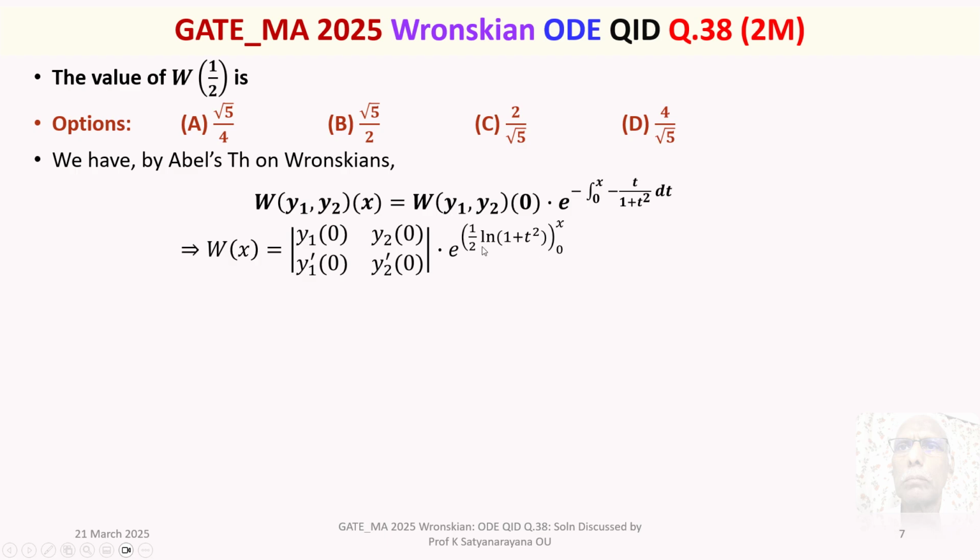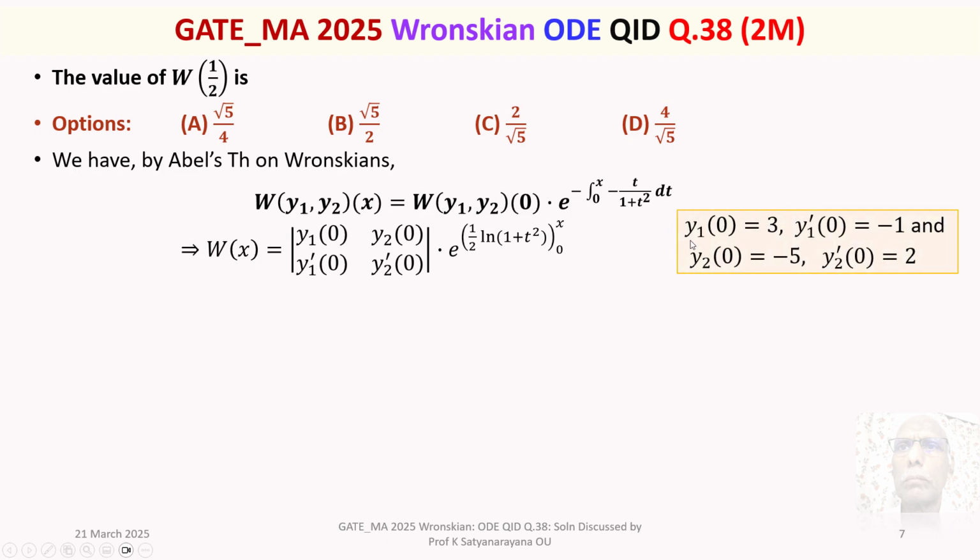When you integrate, it will be 1 by 2 ln of 1 plus t square evaluated between 0 and x. The initial conditions given to us are y1 at 0 is 3, y2 at 0 is minus 5, y1 prime at 0 is minus 1, y2 prime at 0 is 2. Substitute.